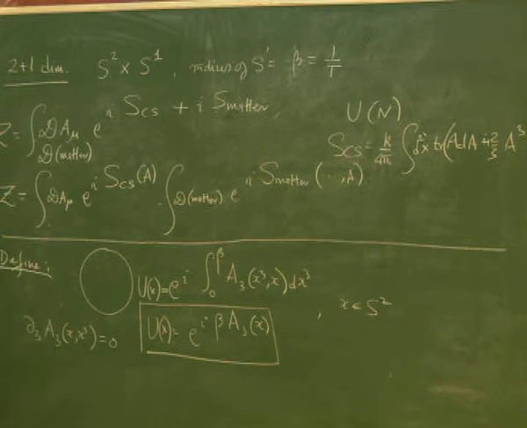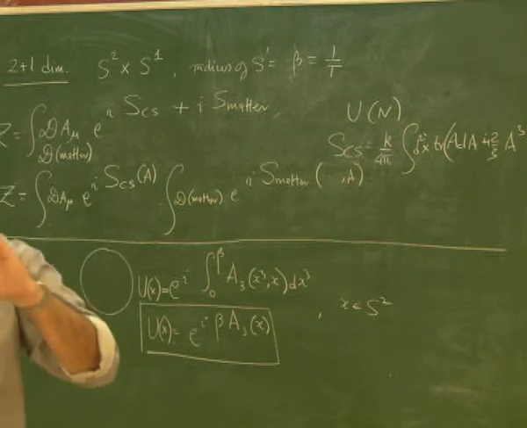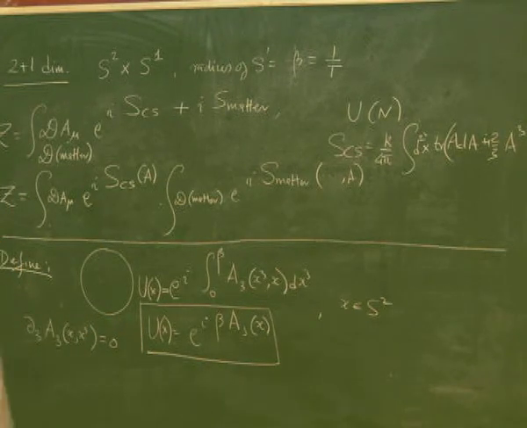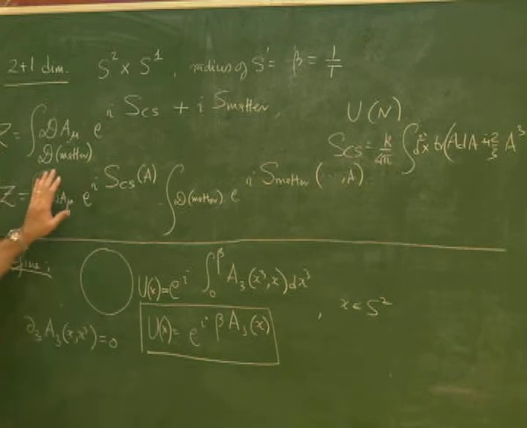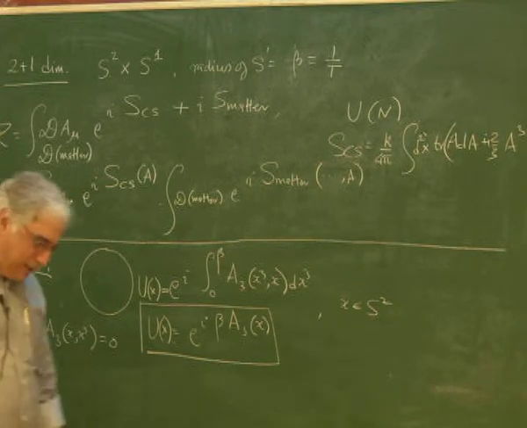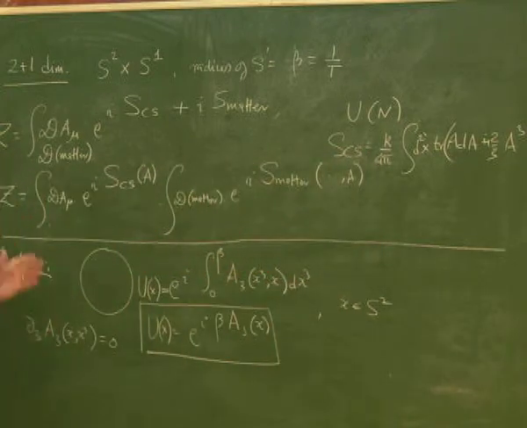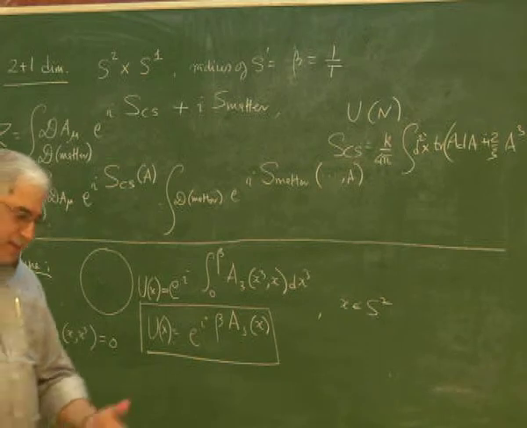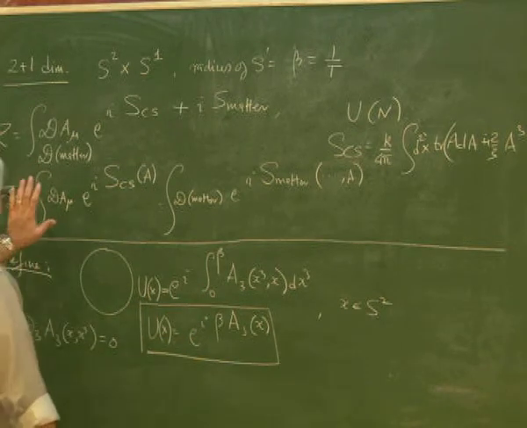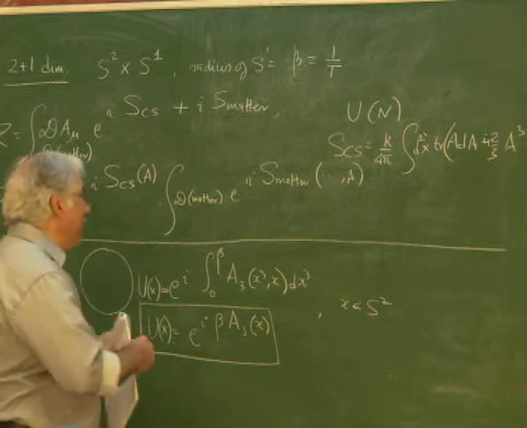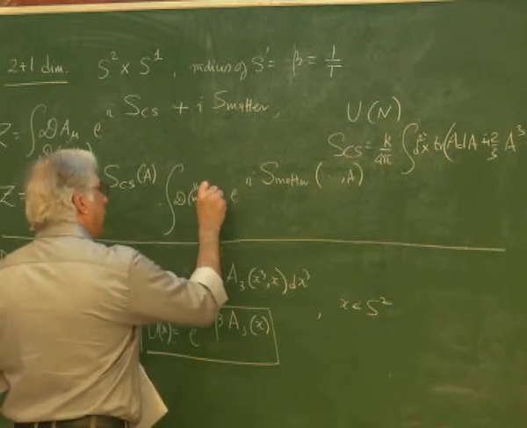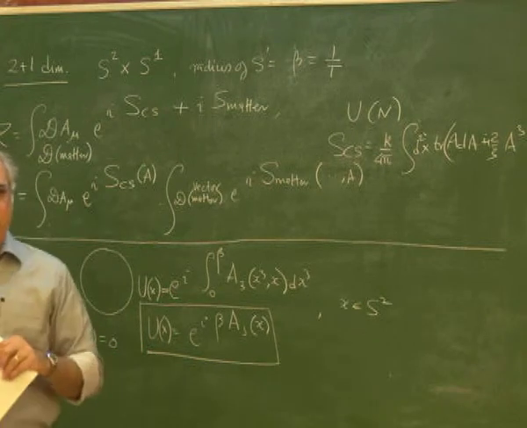Now let's make some estimates of how to take the large n limit. The large n limit is mainly controlled by the degrees of freedom in the measure of the path integral. The degrees of freedom in the gauge field measure is n square, because this is an n by n Hermitian matrix, so it has n square components. On the other hand, since we are working with vector matter, the number of components is n.